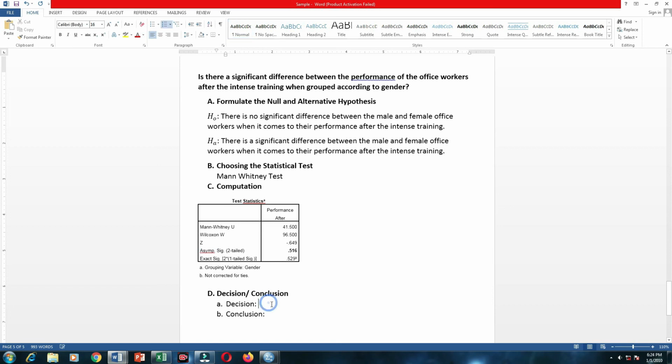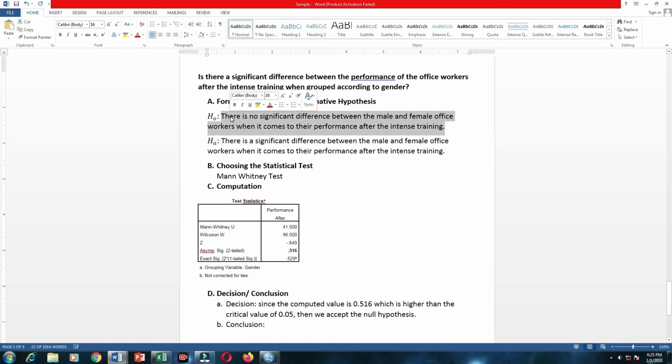For our decision, since the computed value is 0.516, which is higher than the critical value of 0.05, then we accept the null hypothesis.